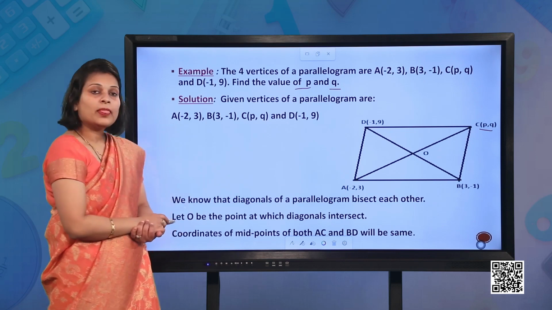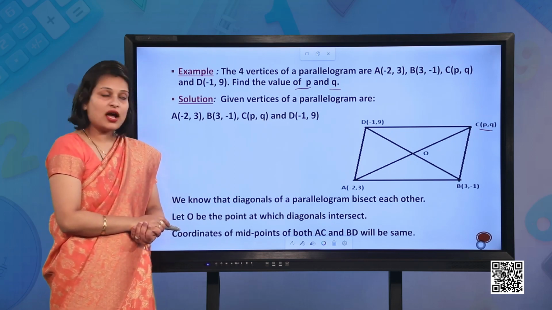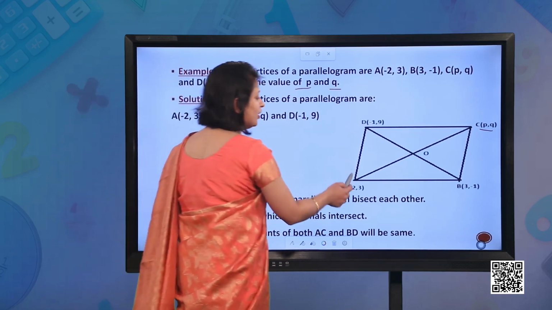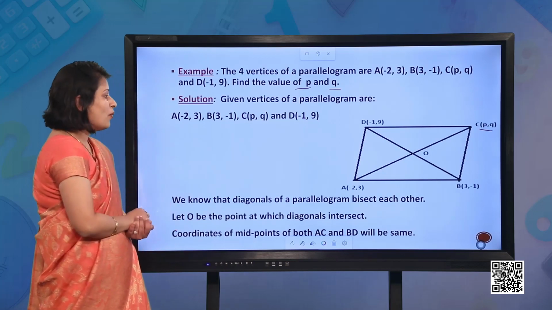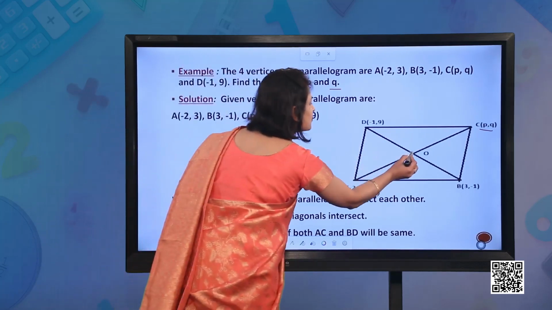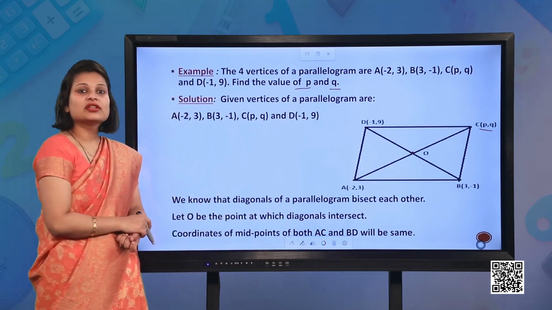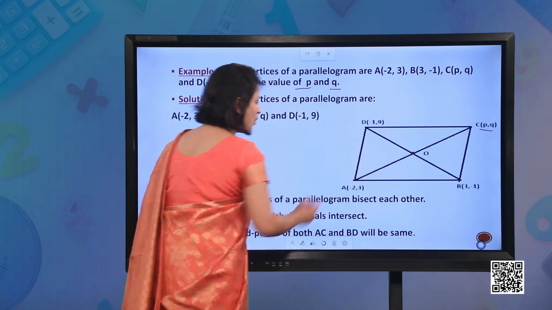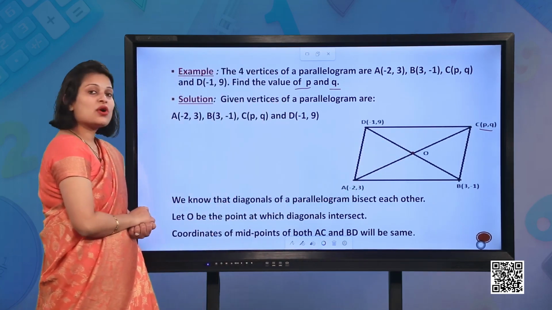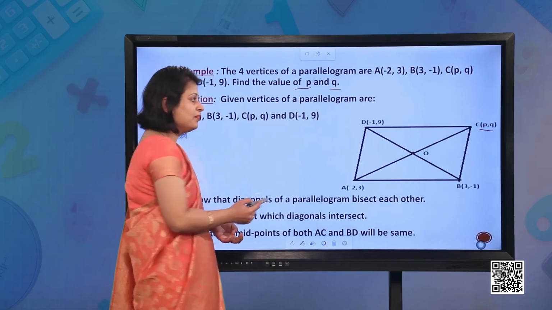Now as you know, the diagonals of a parallelogram bisect each other. So what are the diagonals over here? AC and BD. So let O be the point at which the diagonals intersect. Both the diagonals are intersecting at point O. So the coordinates of the midpoint of AC and BD will be the same.